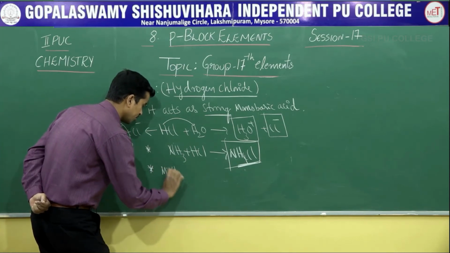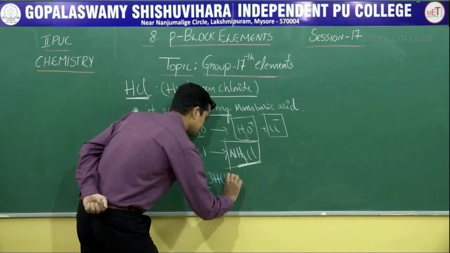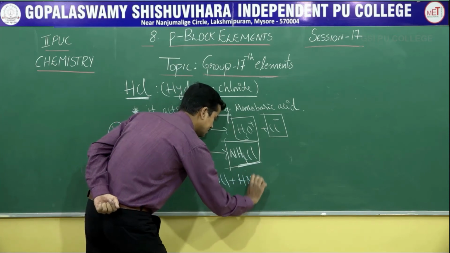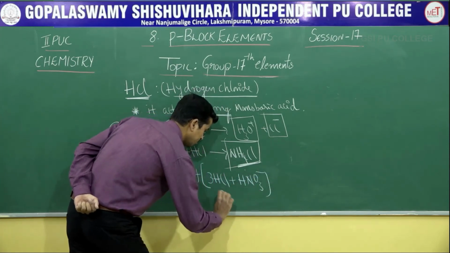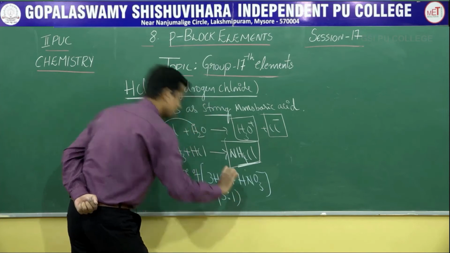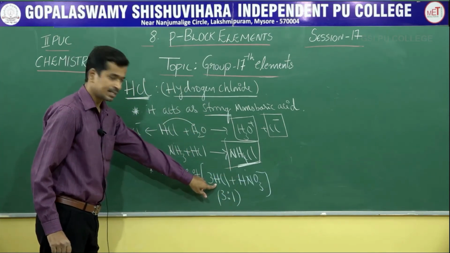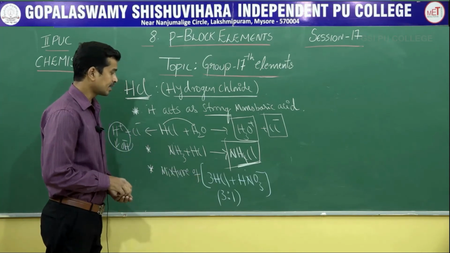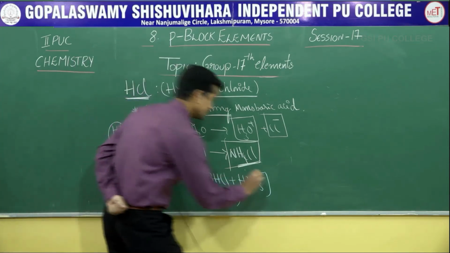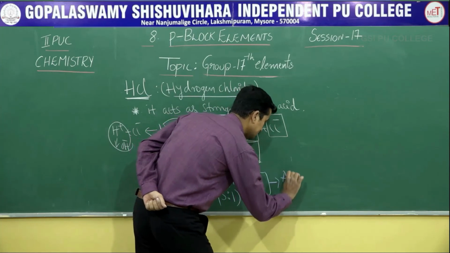Next, another important point: a mixture of 3 moles of HCl and 1 of HNO3. It's a mixture of 3:1 ratio of concentrated HCl and concentrated HNO3, called aqua regia.